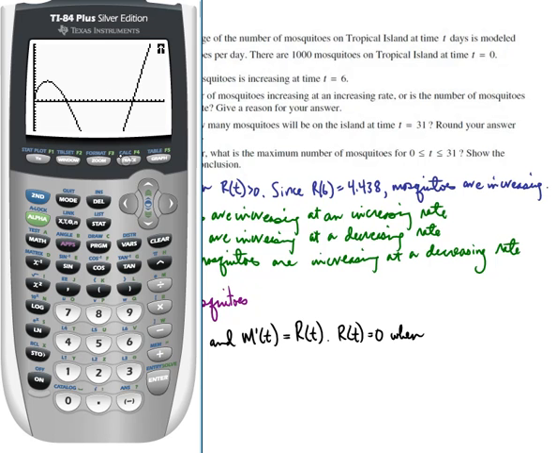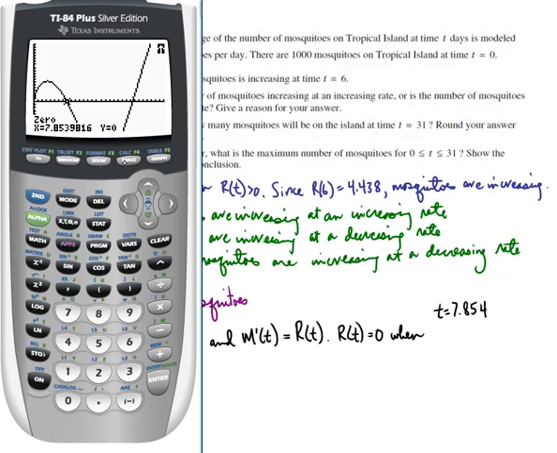So let's find out what those values are. We're going to use the zero function again, left bound. Let's set this, say, starting at 1 and going to 15, and the guess is 7.854.